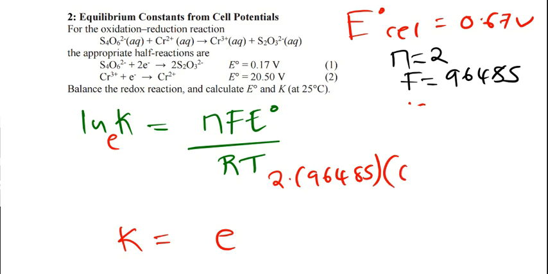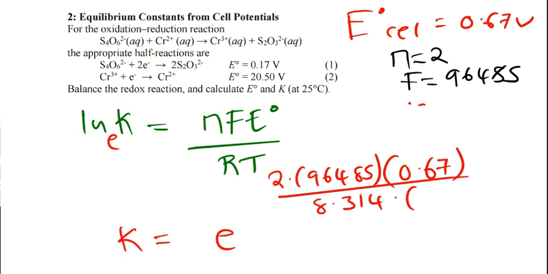The standard cell potential is 0.67 over RT. Now the gas constant, the one that we use here is 8.314 multiplied by the temperature in Kelvin. So 25, you want to convert that to kelvins, that will give you 298 kelvins. Okay, so that is your power.